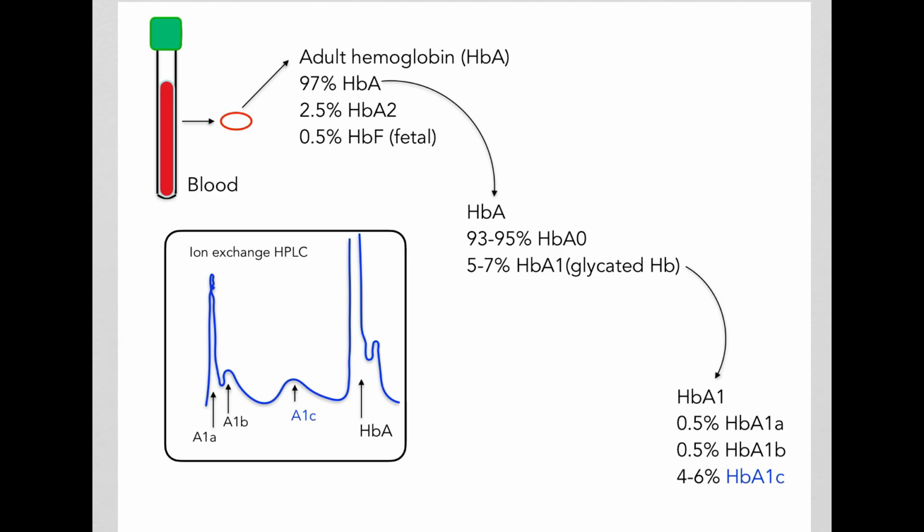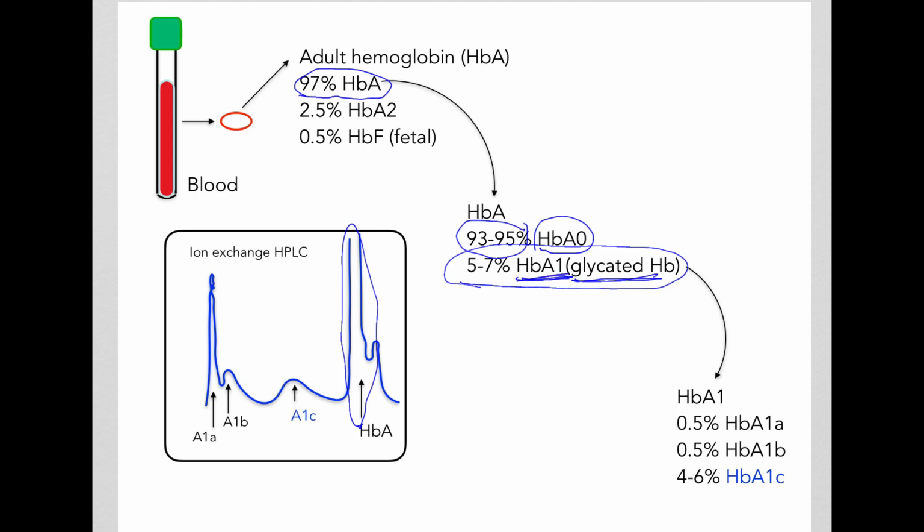The use of techniques such as ion exchange HPLC can further separate the adult hemoglobin into hemoglobin A0, which is the major peak that you see here in the HPLC scan. That makes up about 93 to 95%. And then 5 to 7% of the HbA is what we call glycated hemoglobin, or HbA1.